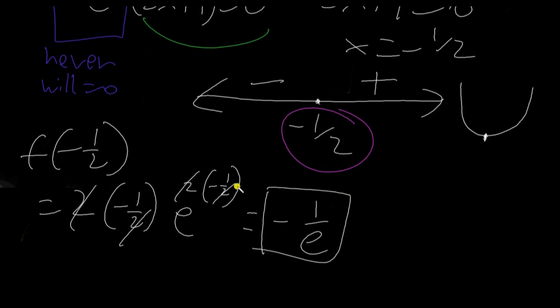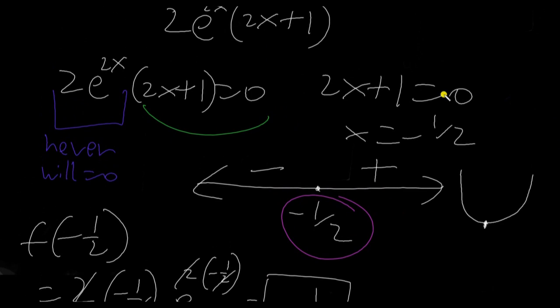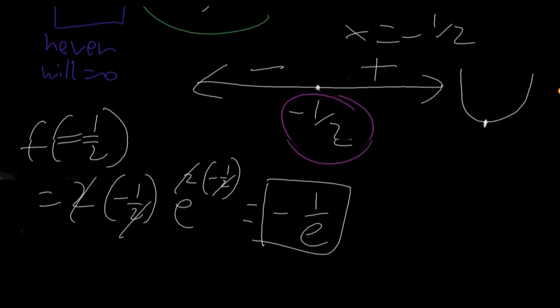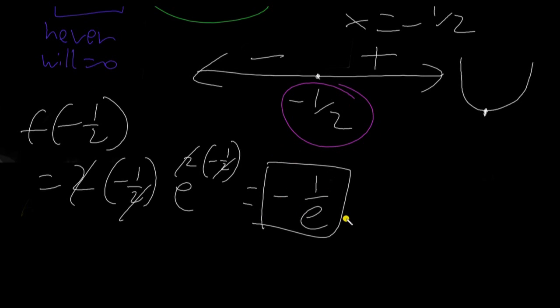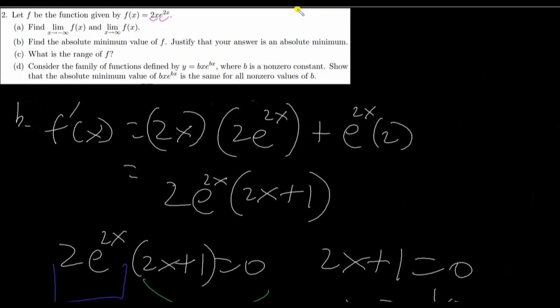Okay? In this problem, for the points, I forgot to mention it, you would have gotten one point for finding x is equal to negative 1/2 and setting it up this way by setting the derivative equal to 0. And you would have gotten another point for the 1/e part. And then the final point would have been in the justification, because it says justify that your answer is an absolute minimum.